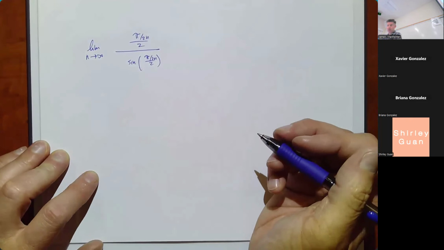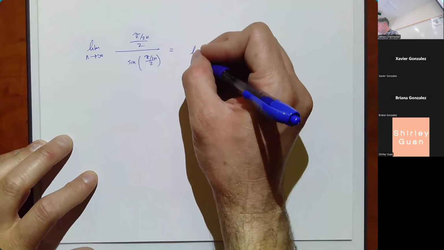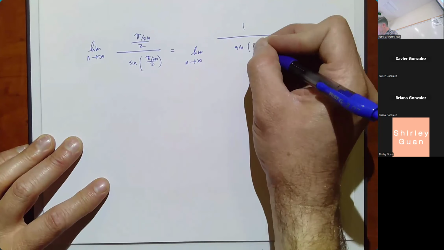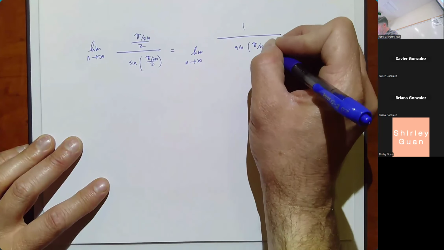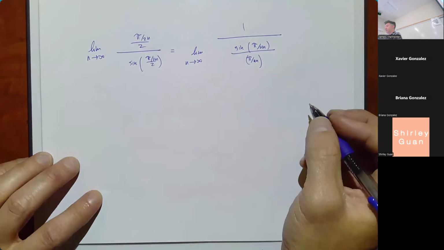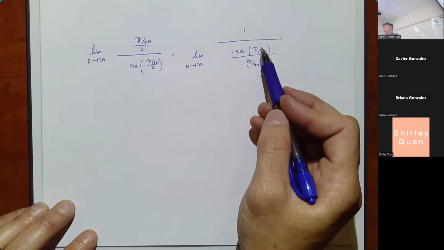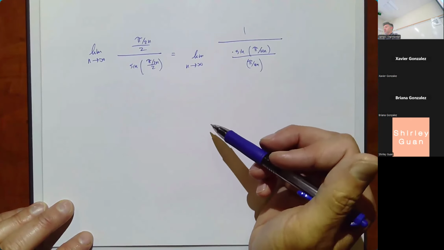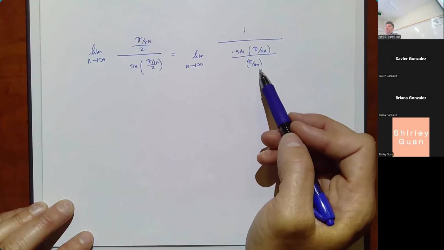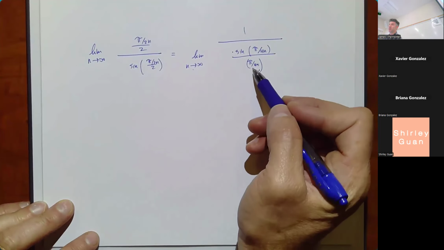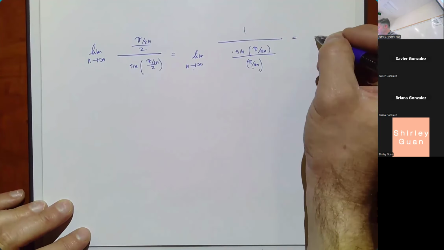If it helps, you might think of this as the limit as n goes to infinity of 1 over sine of, I'm going to write this as pi over 4n just so it's not quite so terrible to write, over pi over 4n. Then we have the limit of sine of some stuff over the same stuff. And where's the stuff going to? If n's going to infinity, where's pi over 4n going to? 0. And when you have sine of something over the same exact something and something's going to 0, that limit is 1.